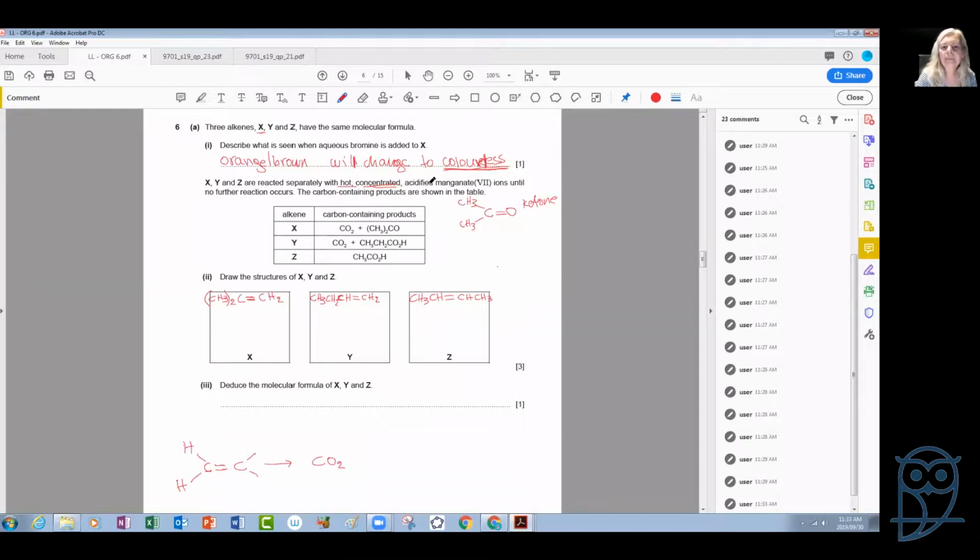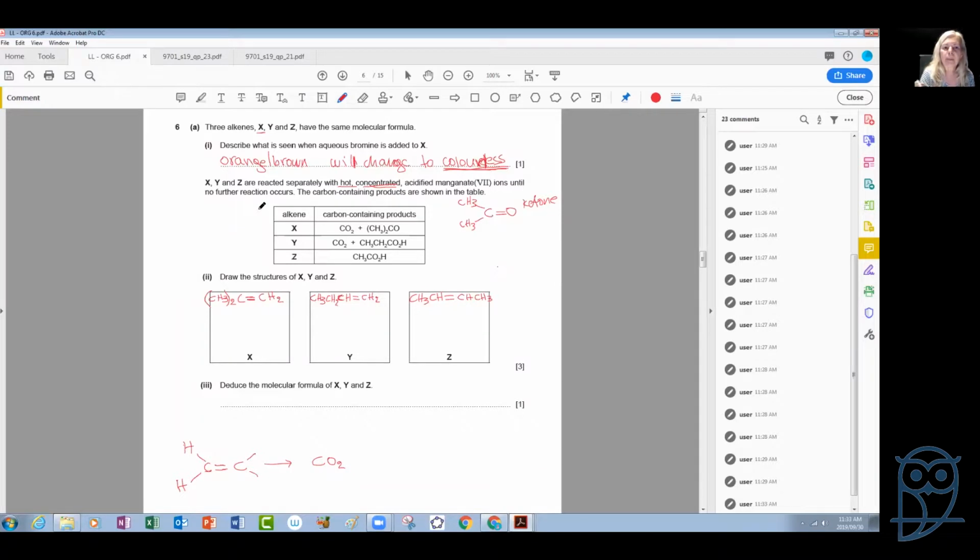You know, when these hydrocarbons react with acidified manganate, which is a very strong oxidizing agent, hot and concentrated, we know that they are talking about oxidation reactions, oxidation of alkenes, which very often come up in exam questions.